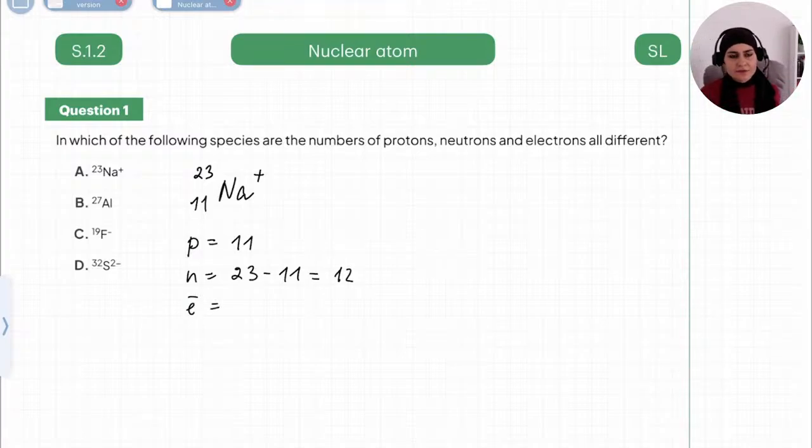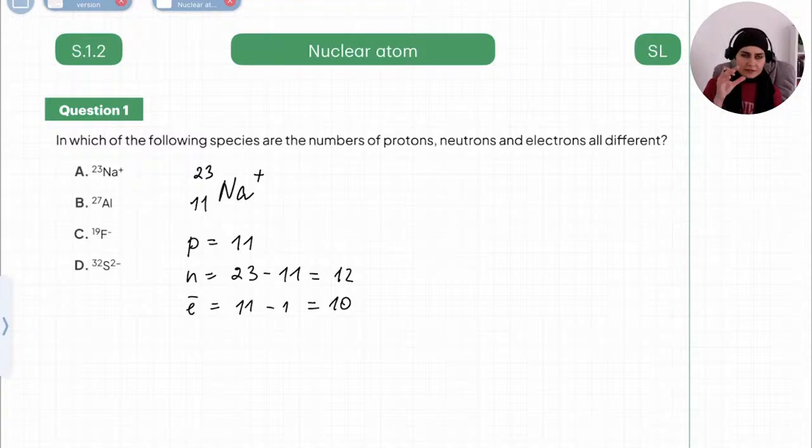In a neutral atom, the number of electrons equals the number of protons. Here it would have been 11 if it was just sodium 0. But since it's plus, it means that the atom has lost 1 electron, so minus 1. So 10 electrons. Why are you subtracting an electron? Because electrons are negative.